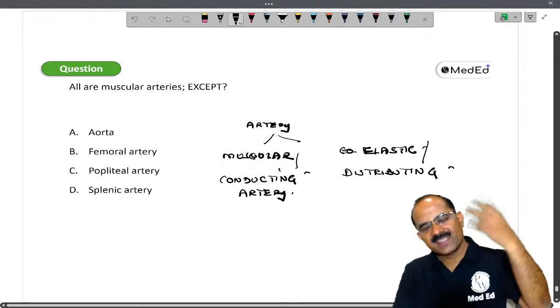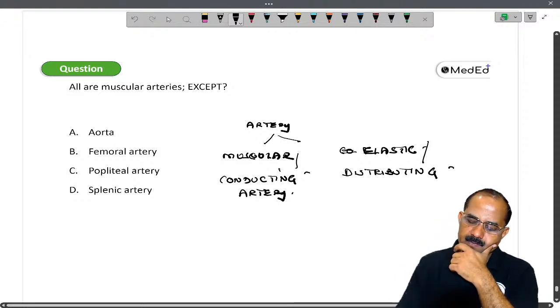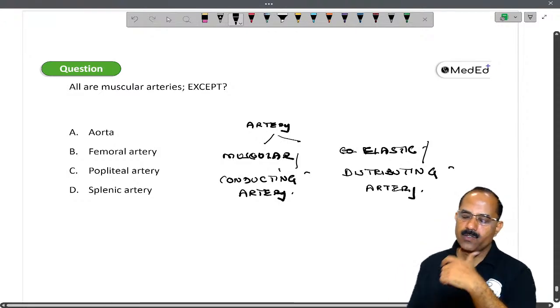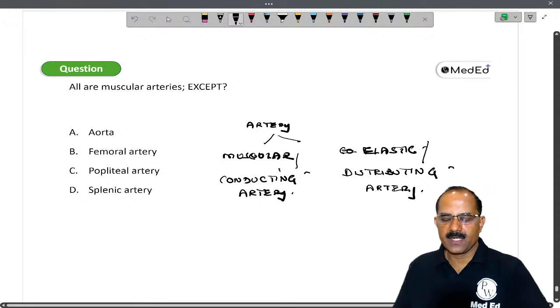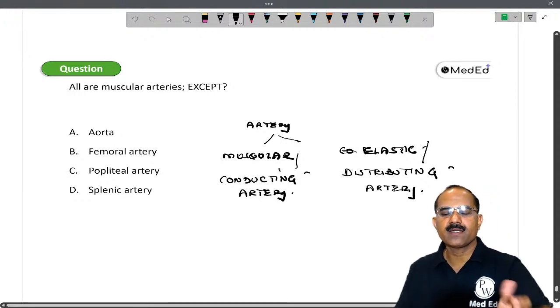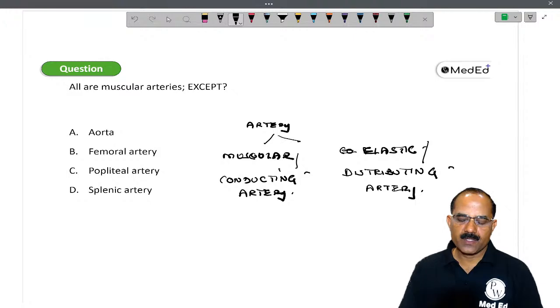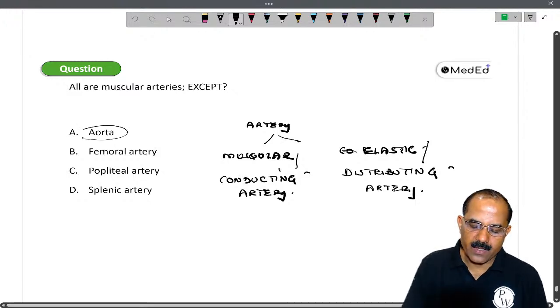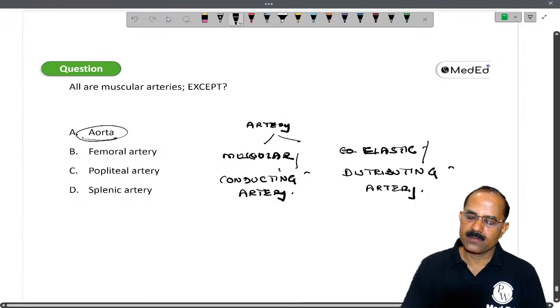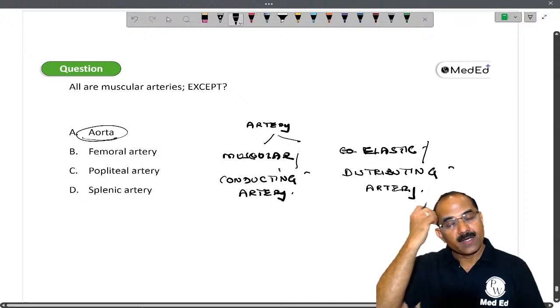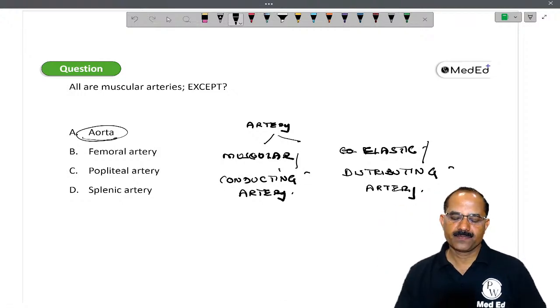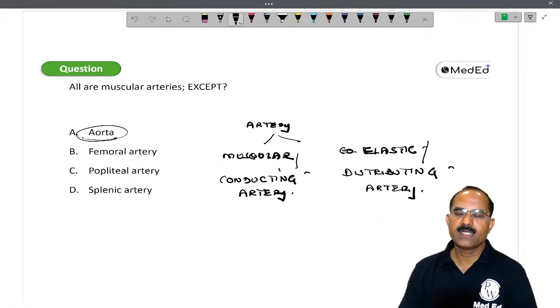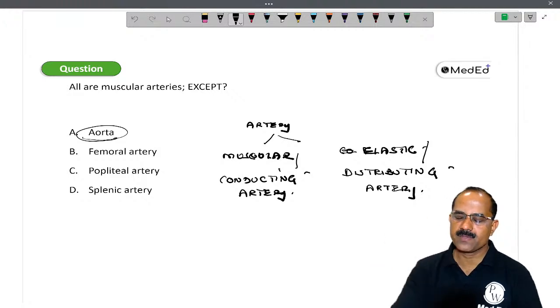So elastic artery is also known as distributing artery and muscular artery is also known as a conducting artery. So all are muscular arteries except aorta. Aorta is actually an elastic artery.